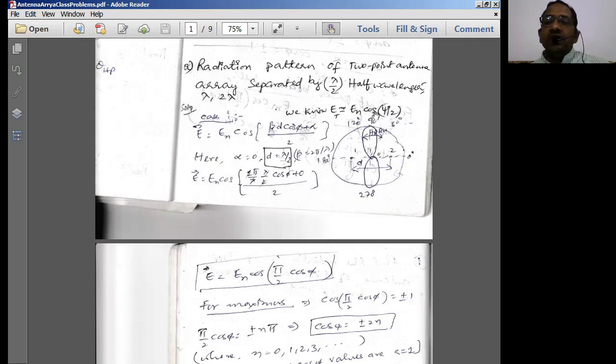Et is equal to En cos(psi by 2), where psi is equal to beta d cos phi plus alpha, where alpha is the phase angle of the antenna with respect to the ground. This is the equation which we have to remember to solve these problems.